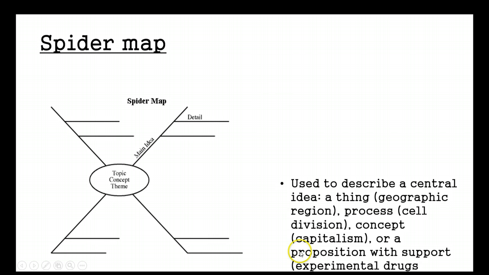So here's the first one. It's a spider map. You can see you'd put the topic or the concept or the theme in the middle, and then each main idea gets its own leg, and then each little detail gets its own. Not every detail, but some of the more important examples.